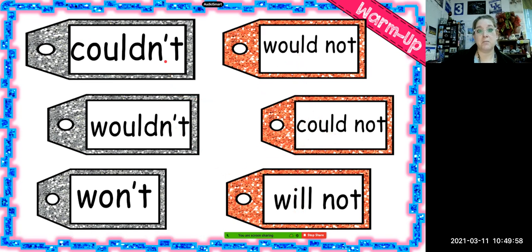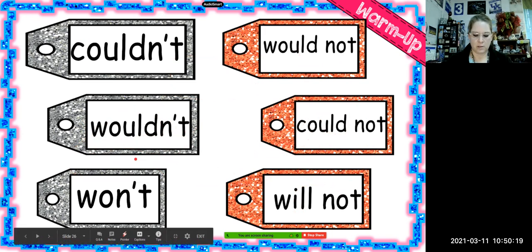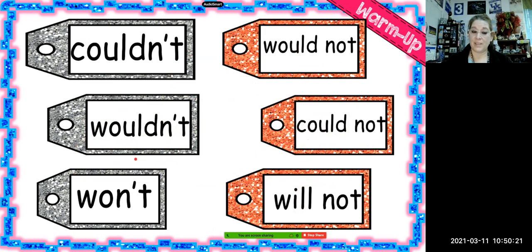So couldn't is a contraction for could not. The next word is wouldn't. What does wouldn't start with? It starts with the word would. So what do you think is going to be would not, could not, or will not? It's going to be would not.